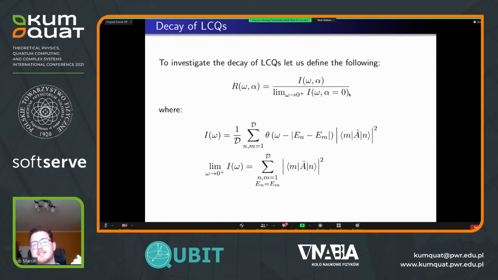In our case, this limit will be 1 for both LCQs, but it is important to include it because there are other quasi-local conserved quantities for which this limit is not equal to 1. So this is a reminder of what those quantities are, and now we will proceed to the plots.